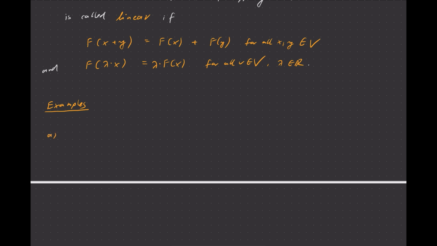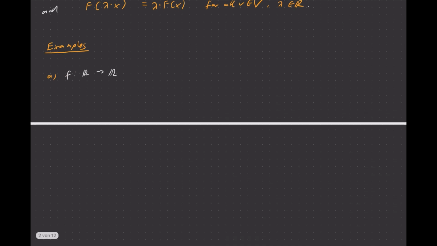First, something that you probably know from school. Let's take a function from R to R. So R is of course also a vector space. And let's just take the function f of x equals 2 times x. Then this function is linear, because if we compute f of x plus y, then by definition that's 2 times the argument, so 2 times (x plus y).